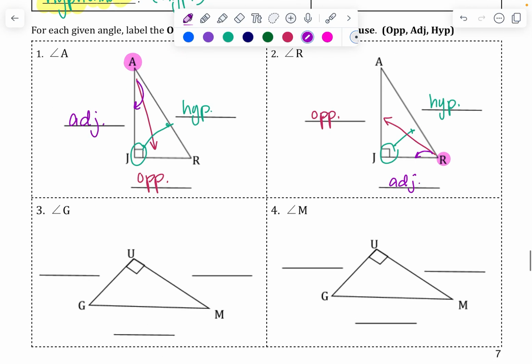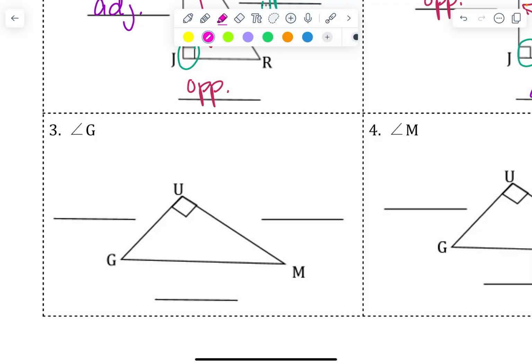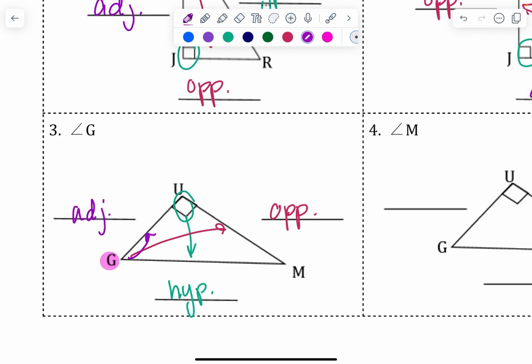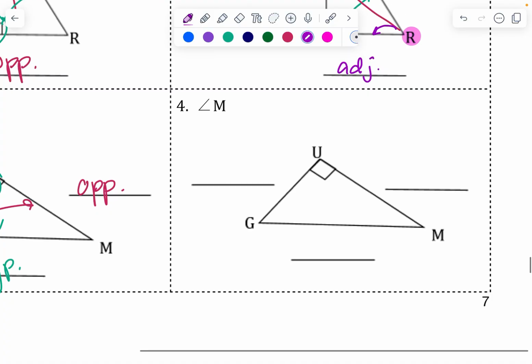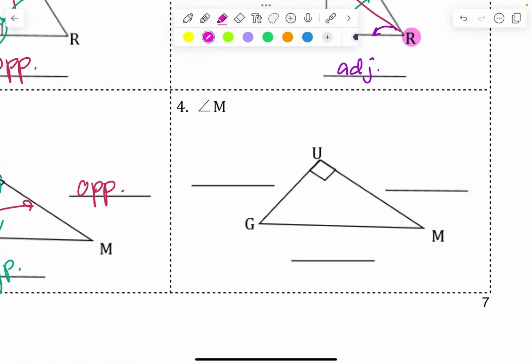All right, let's look at part G, or number 3. First, I'm going to start with my hypotenuse, across from my right angle. Across from my angle, that's the opposite side. The side right next to my angle is the adjacent side. And let's look at the next one.